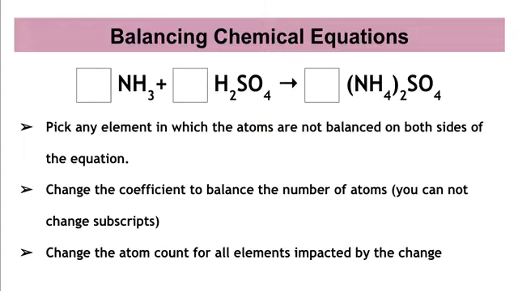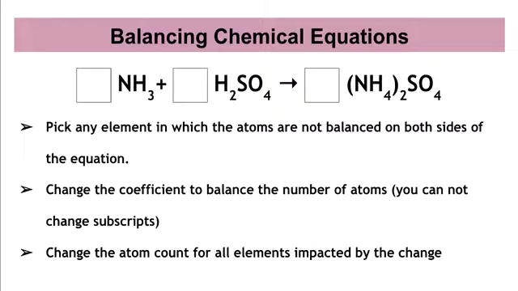We already identified 2 that are not balanced. You can only change the coefficients to balance the number of atoms. In other words, change the number of molecules. You can't change the subscripts, because if you change the subscripts, you're actually changing what kind of molecule it is. NH3 is something different than NH6, let's say.